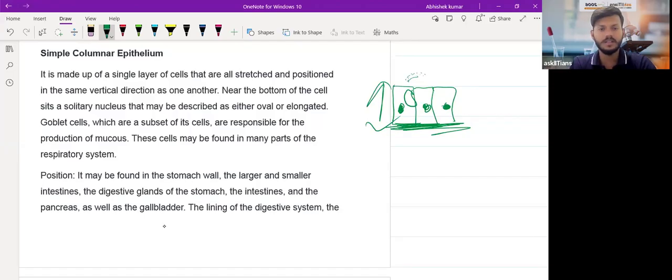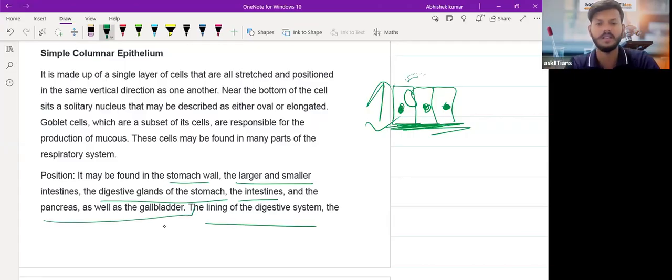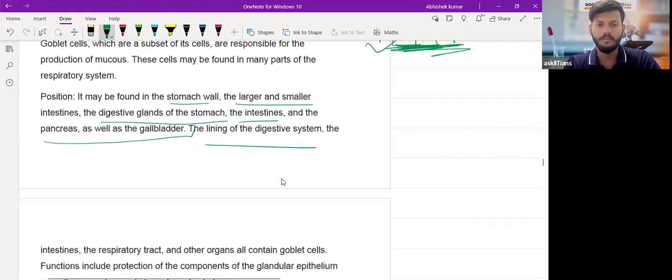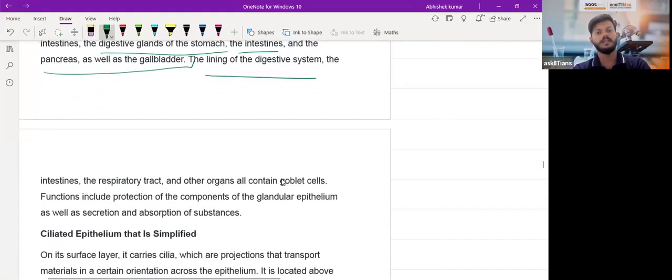They are found in your stomach wall, the large and small intestine, and the digestive glands of the stomach and intestine, and even in your pancreas and gallbladder. They make the lining of the digestive system, and even the respiratory tract also. The functions include protection, components of glandular epithelium, as well as the secretion and absorption of substances.